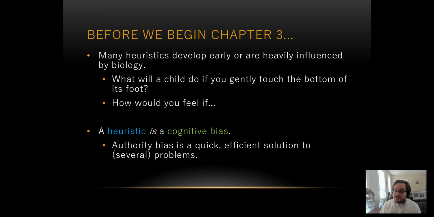Think about authority bias. Authority bias is a quick, efficient solution to really several problems. You have the problem that when you're relatively younger, you don't know much about the world. So if you see someone who seems to have more expertise, who is a caregiver, who is trained on something, you assume, hey, I want to listen to this authority.